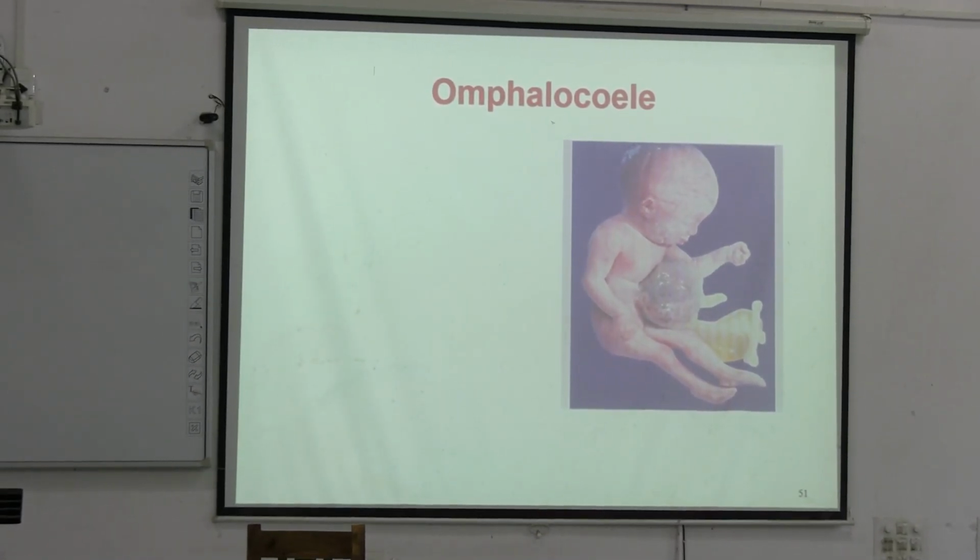The picture is given as a descriptive note in examination: a kid born with a transparent membrane covering the umbilical region, through which the coils of small intestine or large intestine, the gut loop, or parts of organs are visible. They ask you to make a diagnosis, and it may be related to a genetic problem as well, like trisomy 13 or trisomy of some other chromosomes.